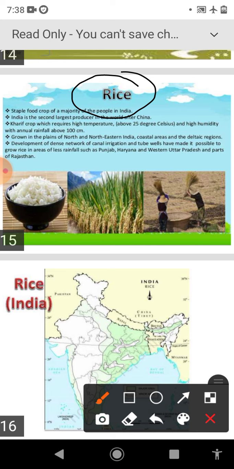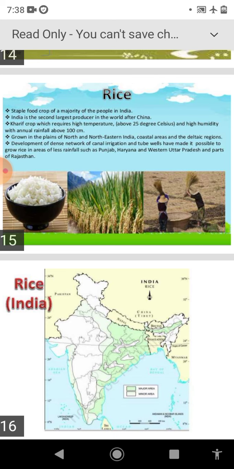Now let us discuss the geographical conditions, or the requirements for cultivation of rice, or you can say paddy. First one is the temperature.